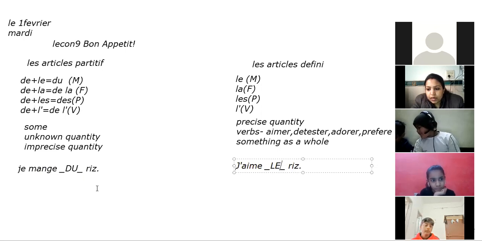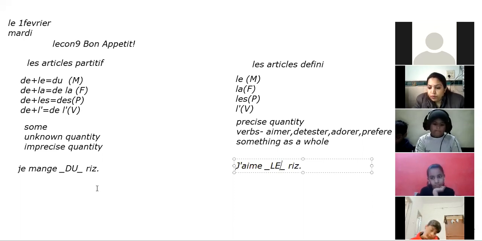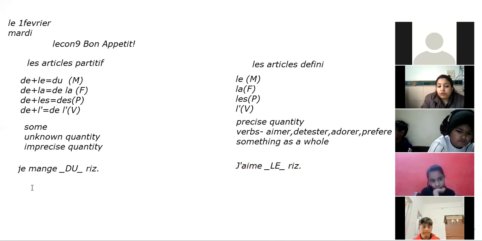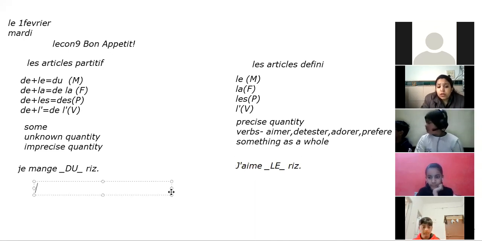If I am eating it, I'm not just counting the number of grams I'm eating. And if I love this, I love rice, you can see I've already told that few verbs come like aimer, détester, adorer, préférer. With them we use article défini. Clear? Now I'm giving you one example in which you have to fill both these articles together.